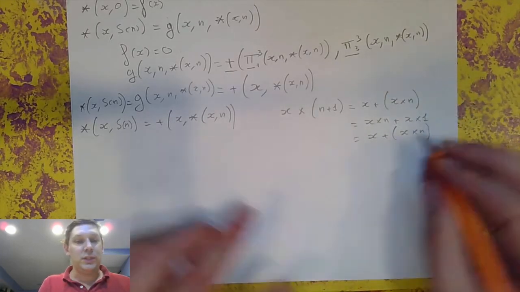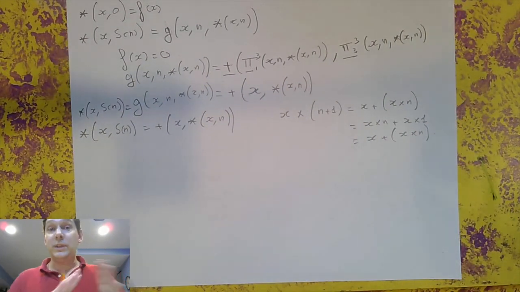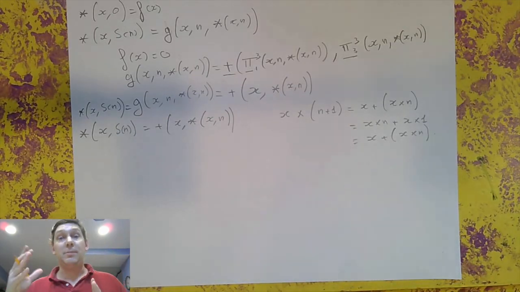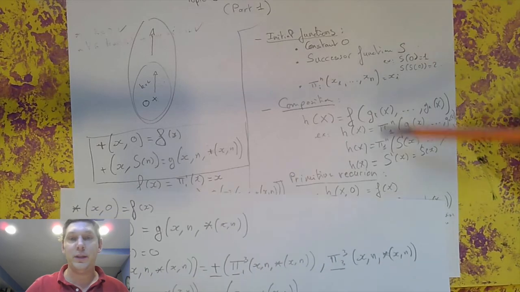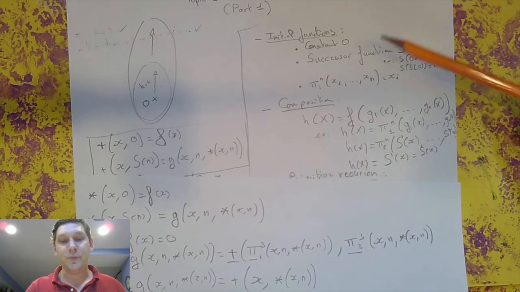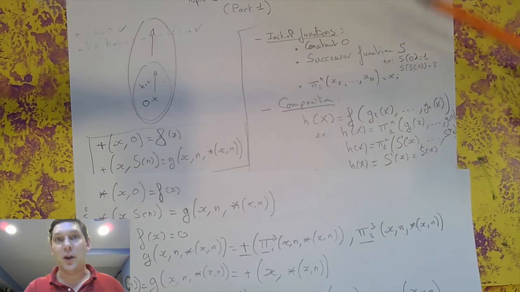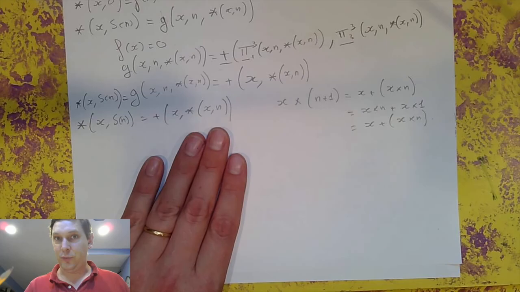Which is exactly what we express here. So we saw 2 examples, addition and multiplication, how addition builds up from the very primitive functions that are given in the definition, and how we can build upon that to build also multiplication.